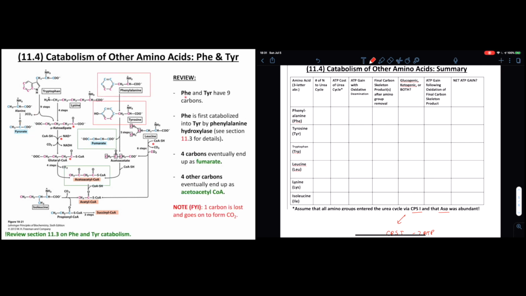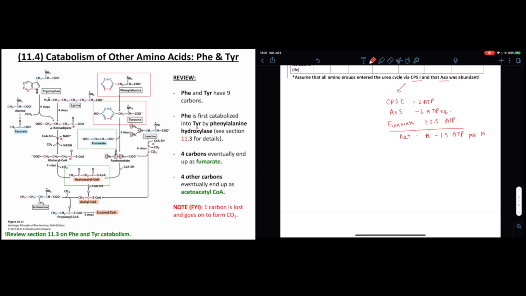We just covered phenylalanine and tyrosine catabolism in section 11.3, so we're going to do it now since it's fresh in our mind. Okay, so phenylalanine and tyrosine have 9 carbons each, and phenylalanine is first catabolized into tyrosine by phenylalanine hydroxylase. I just want to point out that when we use phenylalanine hydroxylase, this is going to be -2.5 ATP.